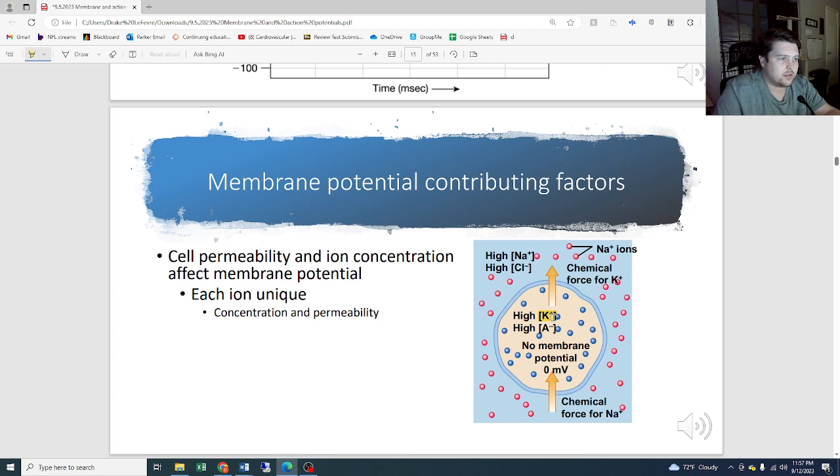And this A- right here is the amino acids, the proteins. Proteins tend to be highly negative, which is why inside of the cells we tend to have a very negative number due to that high concentration of proteins.